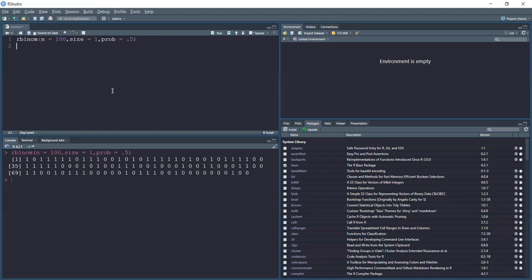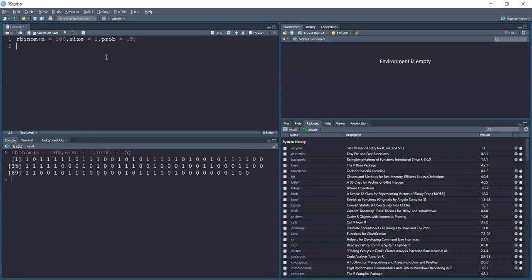You need to think of these 100 values as each one representing either heads or tails. I've generated 100, either 0 or 1, with a probability of 50%.